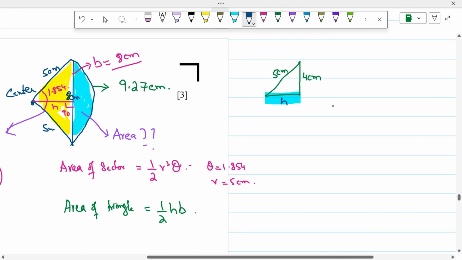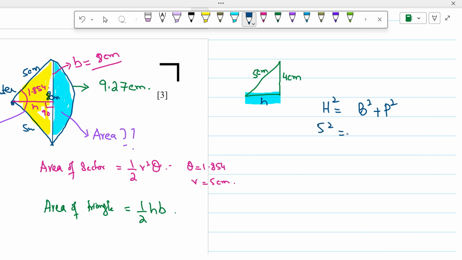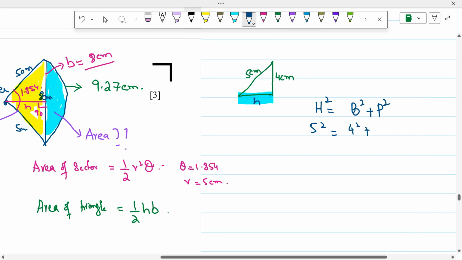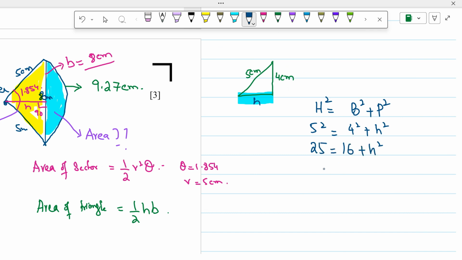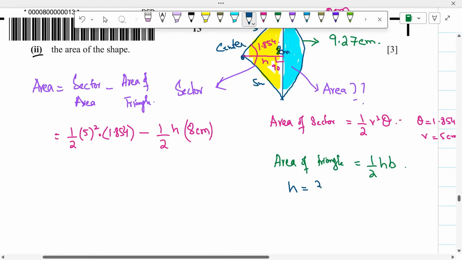By Pythagoras theorem, we know that hypotenuse squared is equal to base squared plus perpendicular squared. The hypotenuse is 5 centimeters, so 5 squared is equal to base, in this case 4 squared, plus perpendicular, which is height in this case, so h squared. So 25 is equal to 16 plus height squared. So height squared is equal to 25 minus 16, which is 9. So height is equal to 3 centimeters.